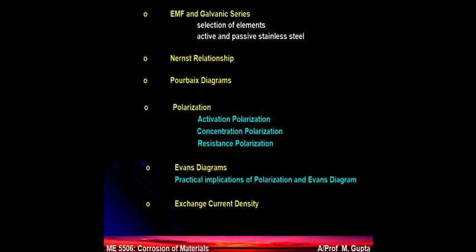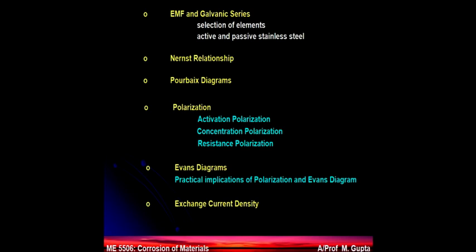Then we learned about the EMF series, the electromotive force series, and the galvanic series, which is for corrosion susceptibility in unpolluted seawater. From that series, we learned how to interpret it, how to choose the element, which elements are more cathodic, and which elements are more anodic. We learned that the galvanic series is more comprehensive than the EMF series, and both give you the direction of the reaction.